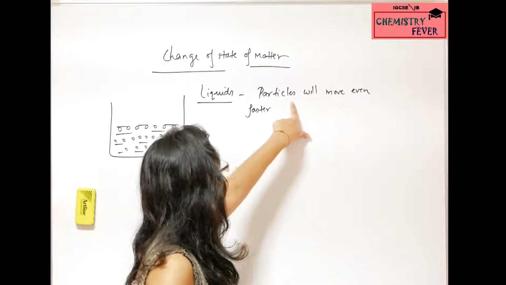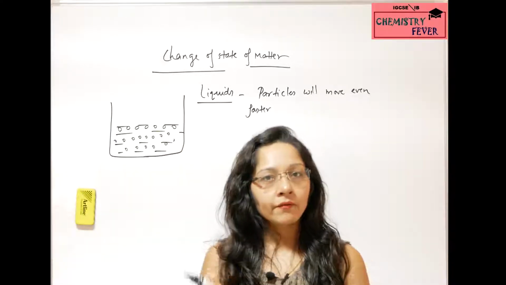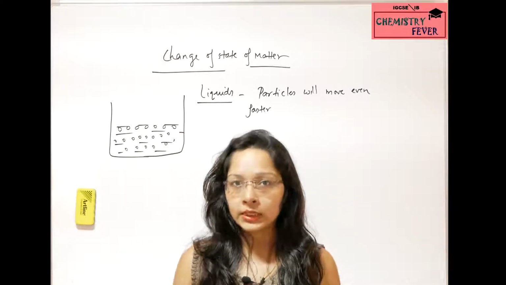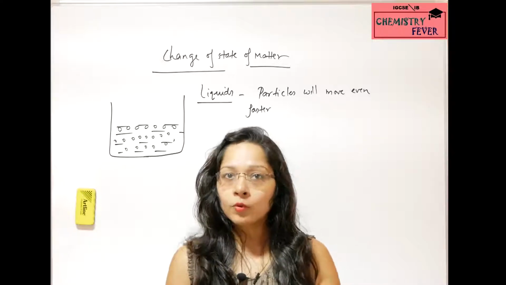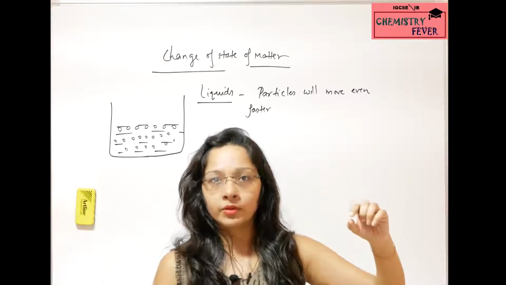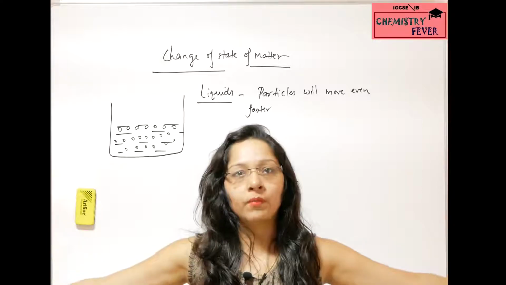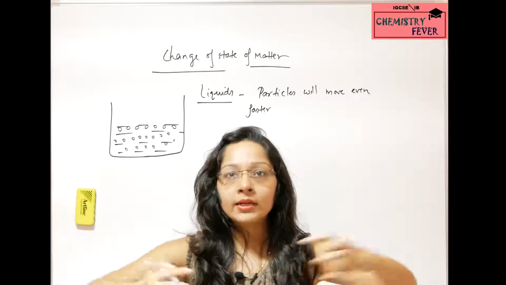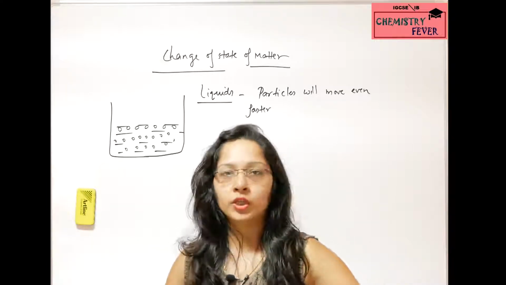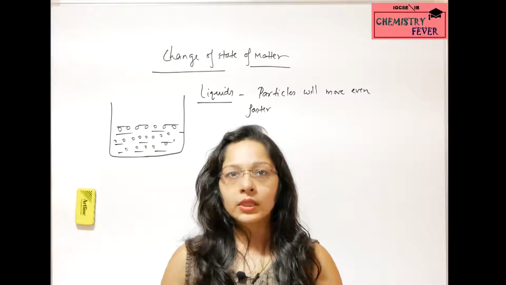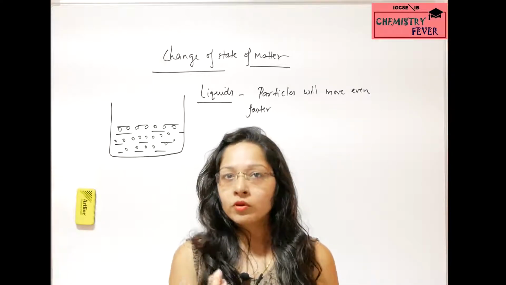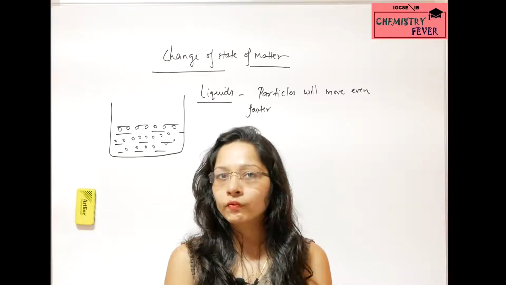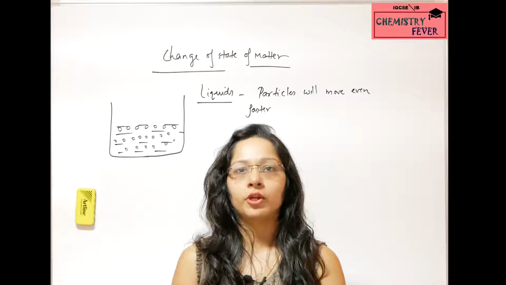Particles will move even faster because if you give heat energy, that heat energy will be distributed to all the particles, right? In a solid, suppose you are heating one corner, maybe it's not equally distributed to all the particles. Suppose this is a big block and you are heating only one part, it will take time, right? In a liquid, because particles are continuously moving, they will transfer their energy, they will collide with each other. So we use a particular term called average energy. As I have told you, if particles are moving, the energy is kinetic energy, right?